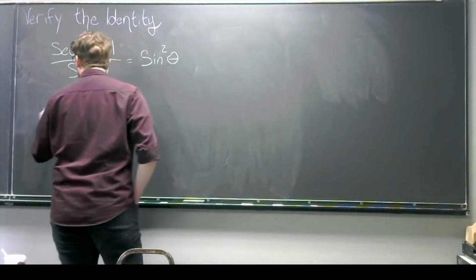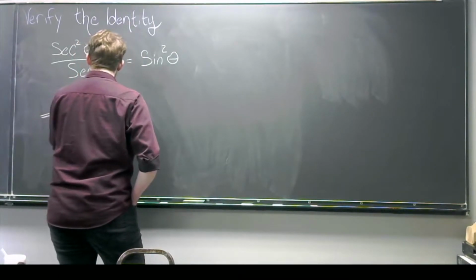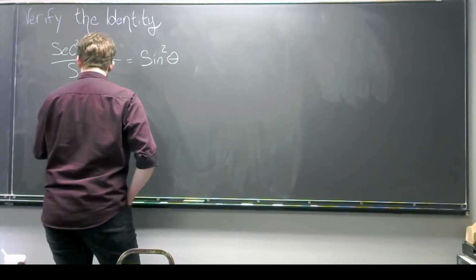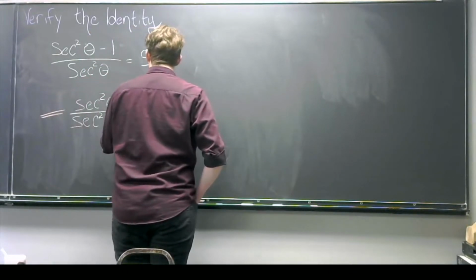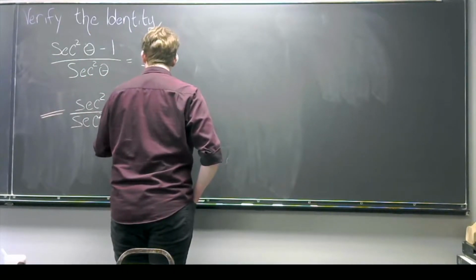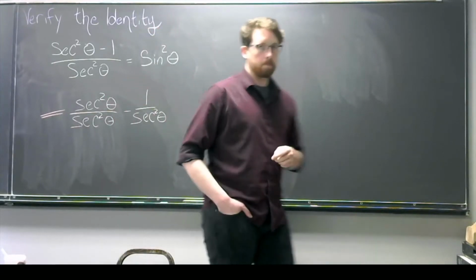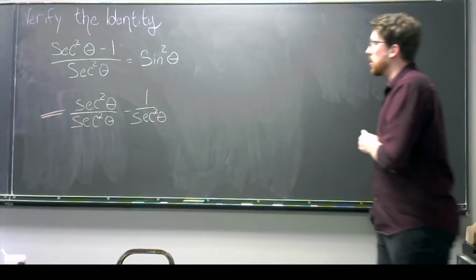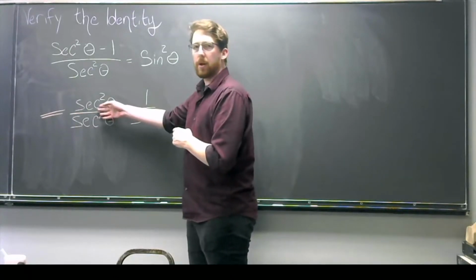When we break it up, we're going to get secant squared theta over secant squared theta minus 1 over secant squared theta.